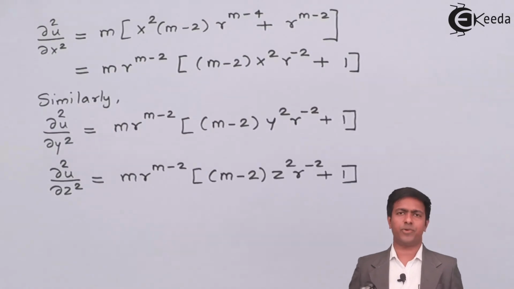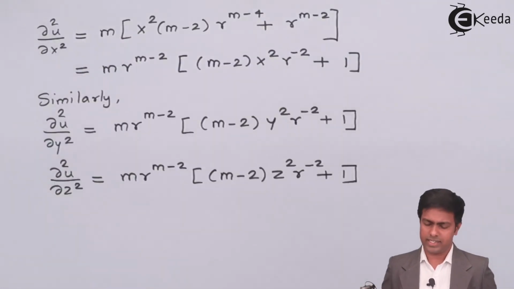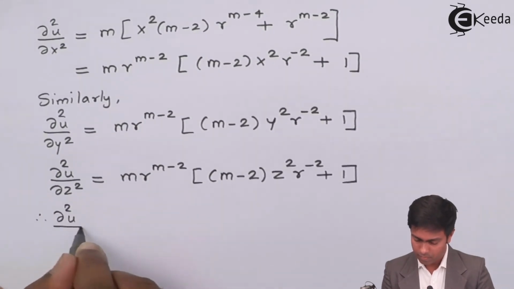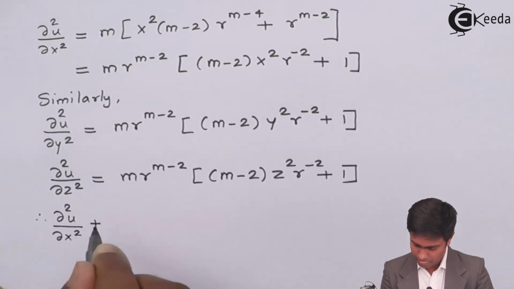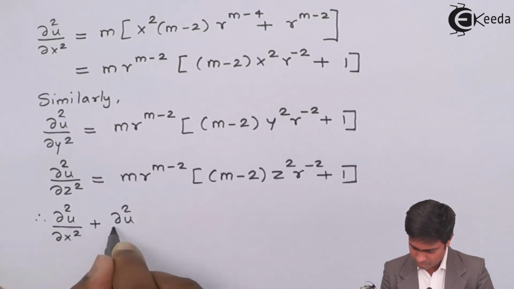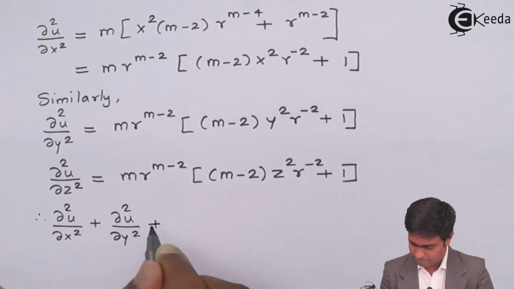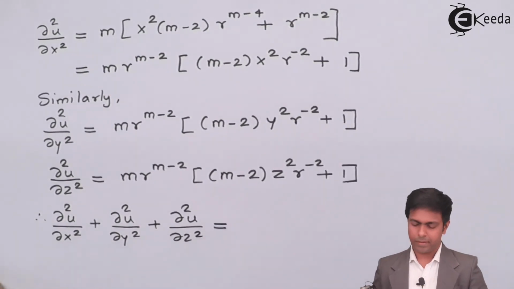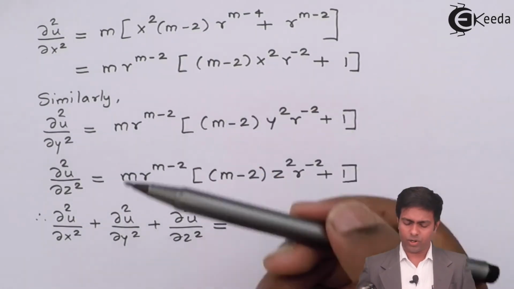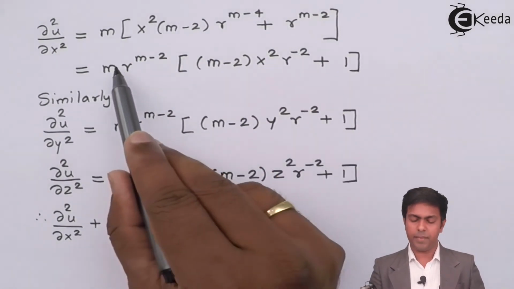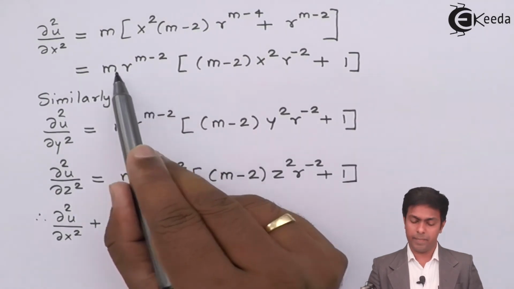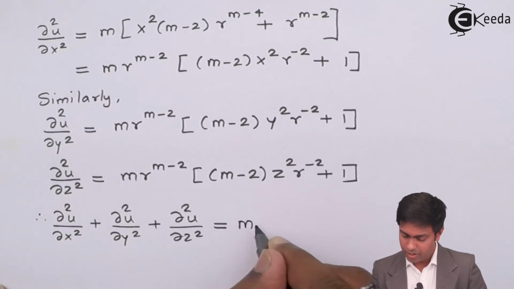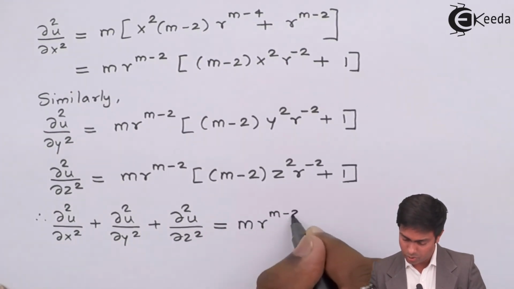Now the next step is we have to add these values to get the answer. So let's add it. Therefore, when we add these three values, you can observe that from these three values we can take m into r to the power m minus 2 common.